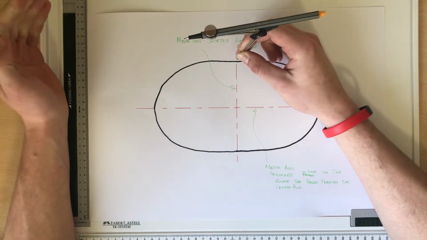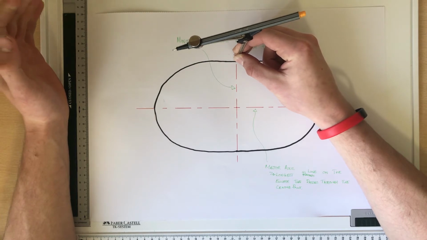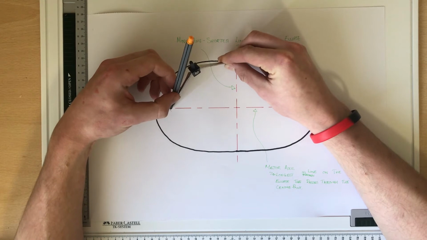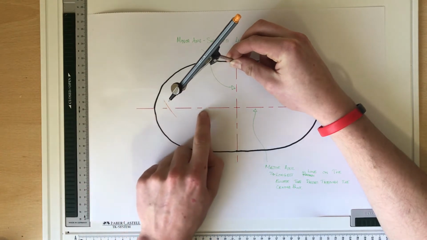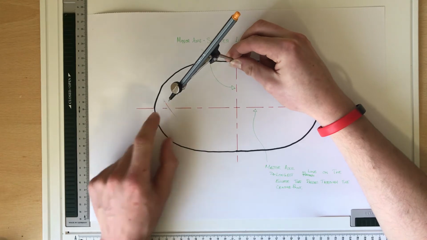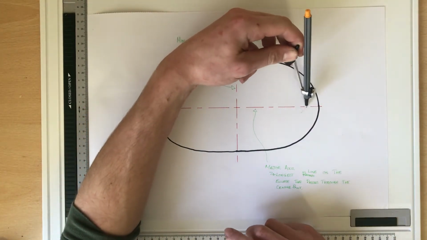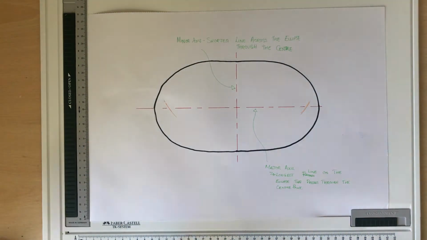And the focal point is found when half of the major axis is swung from the end of the minor axis. So if I swing an arc here, and where this arc cuts the major axis, this dotted red center line, this point is the focal point. And in an ellipse, there are two focal points because it is one continuous shape.